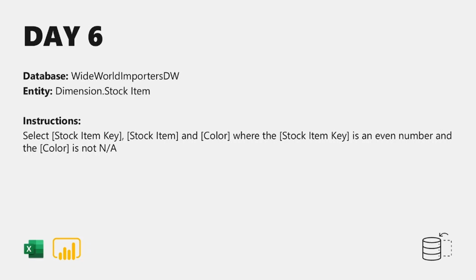I think this is nice because we did something in the previous days. I can't remember which of the days we did that, and we use modulo, right? We can use that here to get the remainder for dividing the value by 2. So if the remainder is 0, it means that's an even number. So let's head over to Power BI and see how this works out.